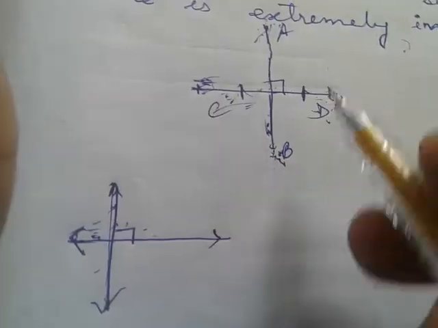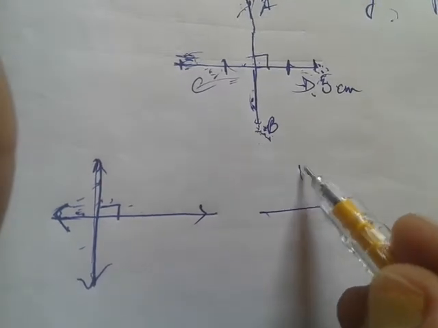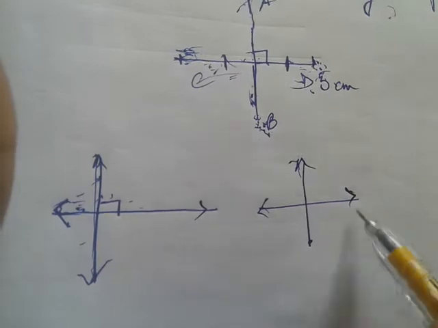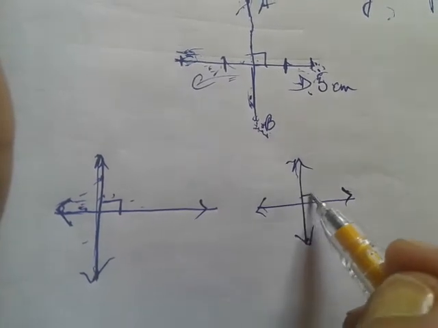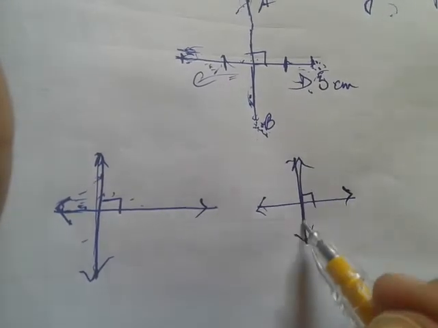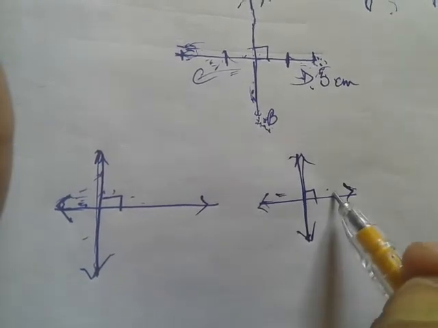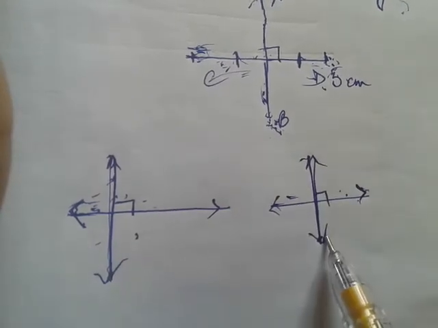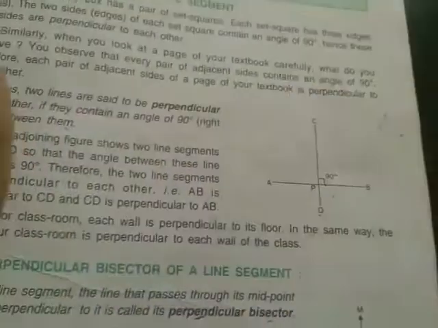But if you see this, what does it mean? This is 90 degrees too, and this has divided this line into two equal parts. So we say that this is perpendicular, but this is a perpendicular bisector. I hope you have understood the difference between perpendicular and perpendicular bisector.